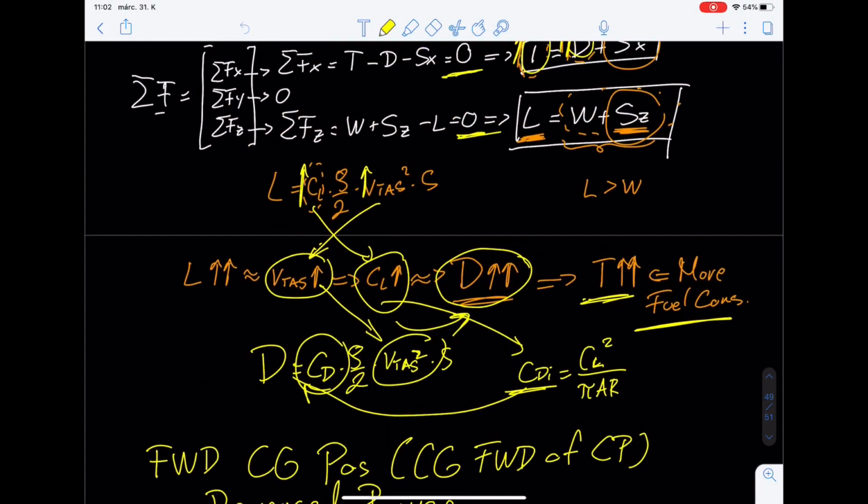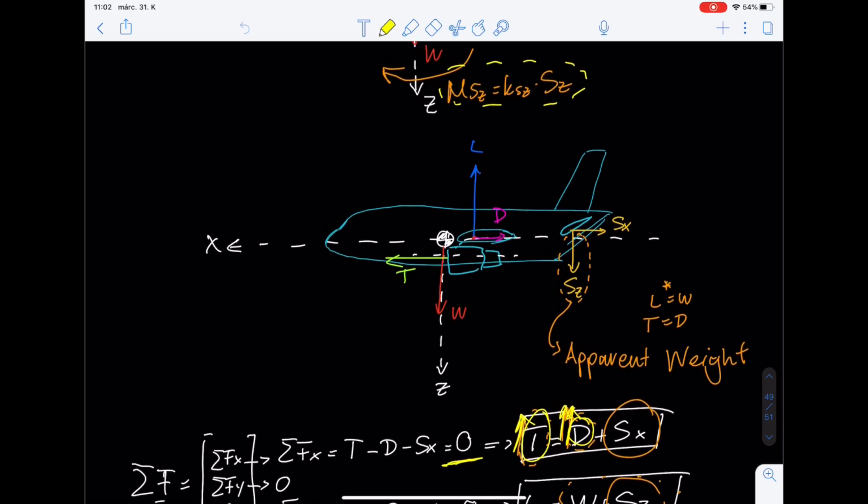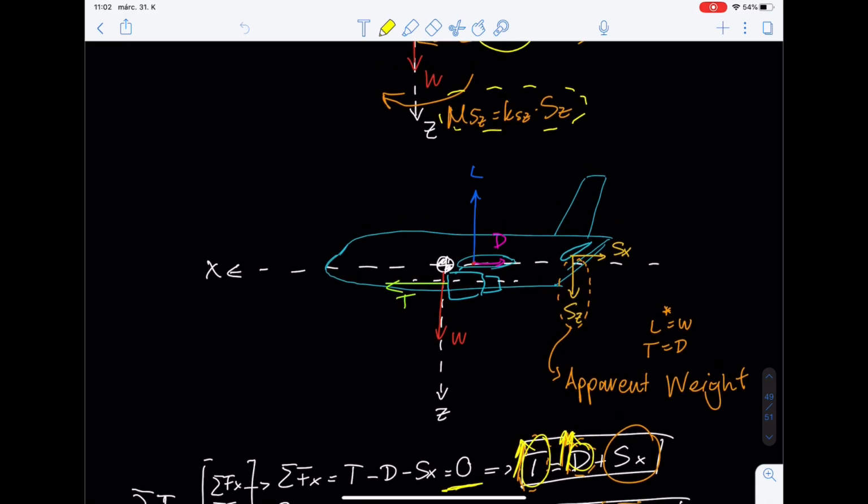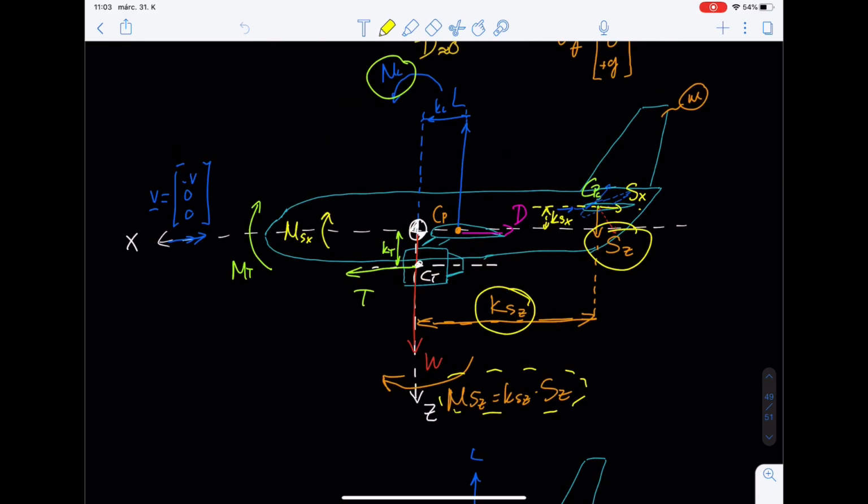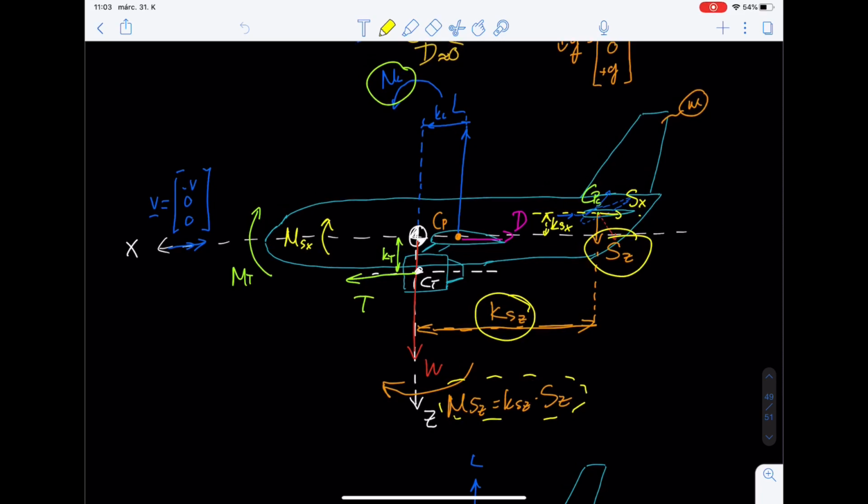And if you look at another interesting effect, on the stabilizer control, on the trim control, we can see that the arm of this KSZ, the arm of the actual elevator control, is going to get longer.